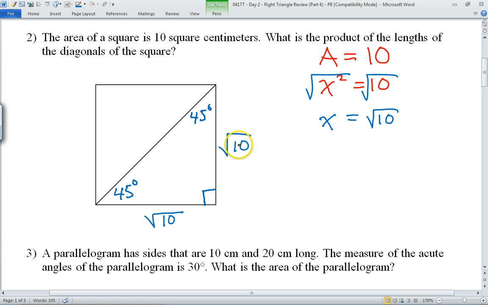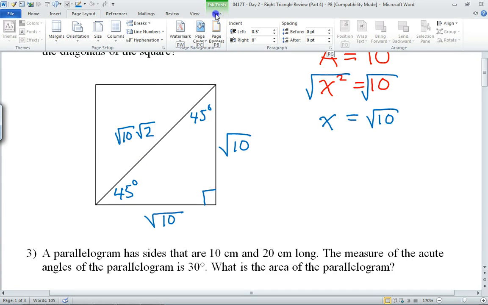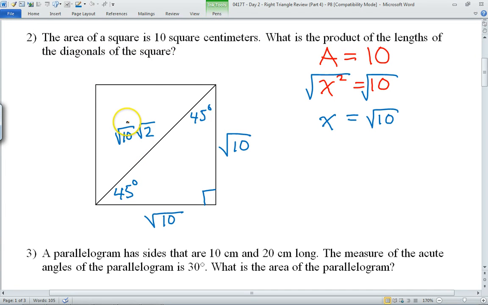If this is radical 10, radical 10, this will be radical 10 radical 2. So the hypotenuse is the leg times radical 2. So radical 10 times radical 2. If you were to put this in your calculator, it's going to say, let's see, 2 radical 5. So that means this is 2 radical 5.